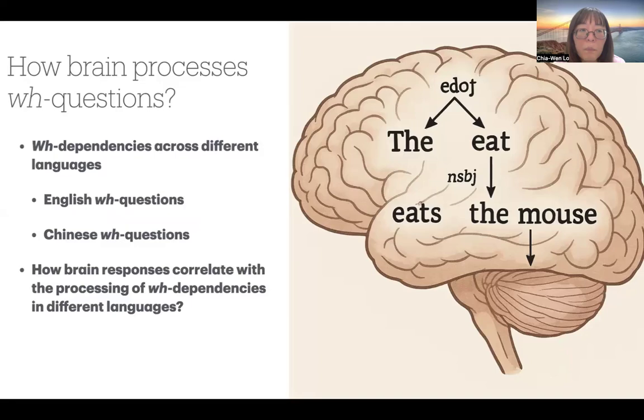In the second part, we will learn more about the processing, how the brain processes WH questions. First, we will see how different languages have different kinds of WH dependencies, focusing on English WH questions versus Chinese WH questions. Then we will see how brain responses correlate with the processing of WH dependency in different languages.